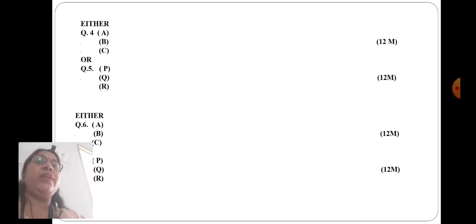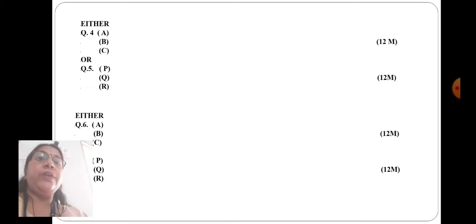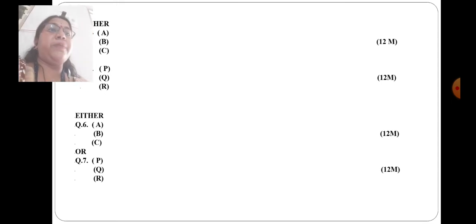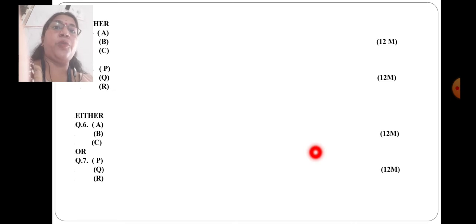It also has 12 marks. Now see question number 6 and question number 7. This is from unit number 3 and it also has 12 marks. Options A, B, C are given with different marking, but the total marks for question 6 or question 7 are 12.